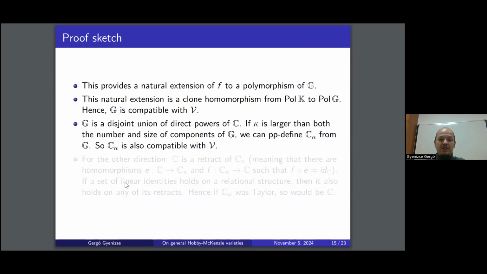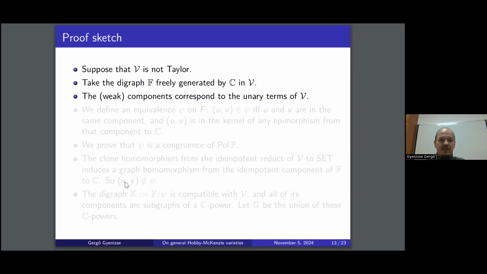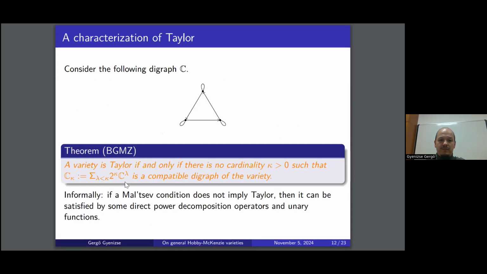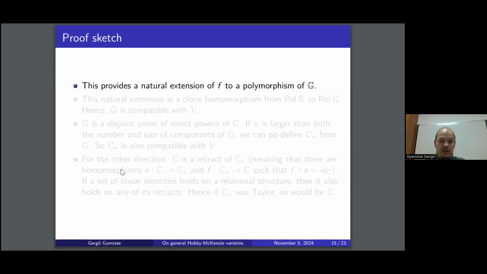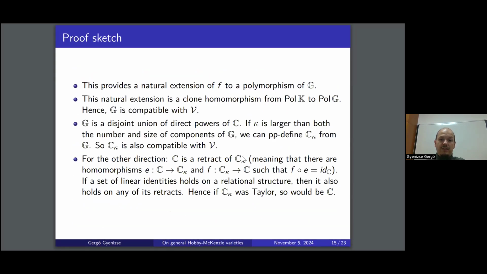And for the other direction, so the other direction was that if this is a compatible digraph of a variety, then it cannot be Taylor. It's easy to see because C is a retract of C kappa.